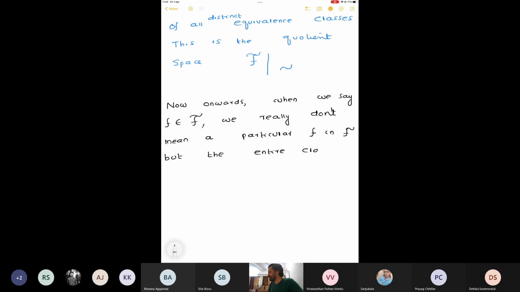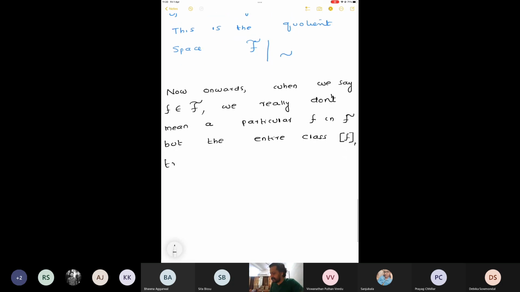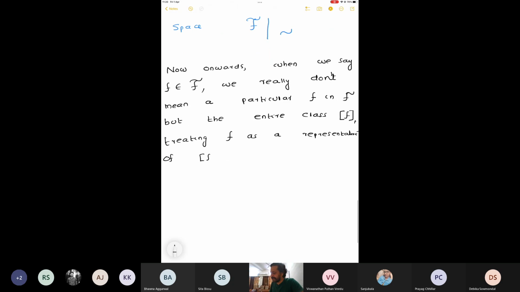And that f is taken only as a representative of the equivalence class. So we are treating f as a representative of square bracket f. Okay, so this is the agreement that we make.